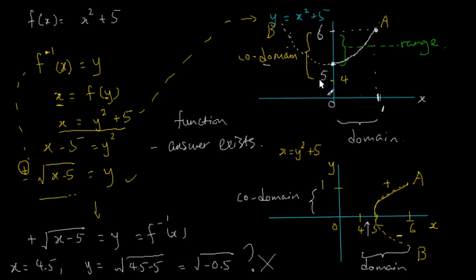So I can equally well say that now that I really want an inverse function to exist, why not just shrink this codomain? Instead of saying that it's from 4 to 6, let me shrink it from 5 to 6. So shrink this to this. I don't want this anymore. I'm going to shrink it to between 5 and 6.